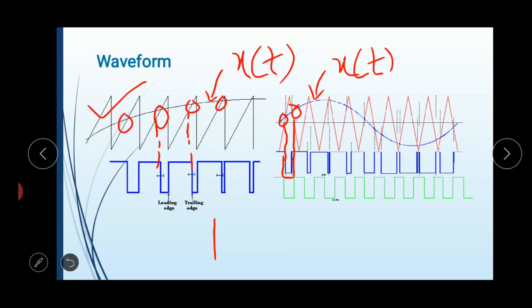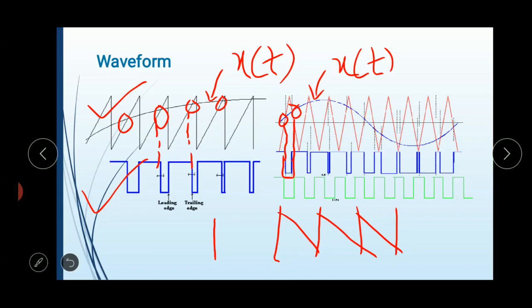Another thing, if the sawtooth waveform is reversed, means if the signal is like this, then the trailing edge will be fixed and the leading edge will be modulated. Like this we get our pulse width modulated signal at the output of the comparator.